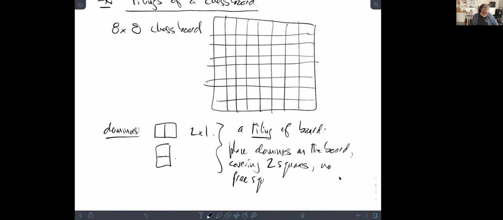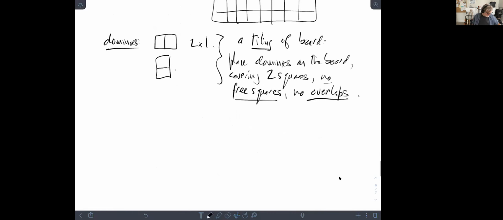It's a tiling, so it means you have to cover everything and then no overlaps. You're not allowed to have dominoes on top of one another, right? So the first question is, question 1, does there exist a tiling of the 8x8 chessboard?